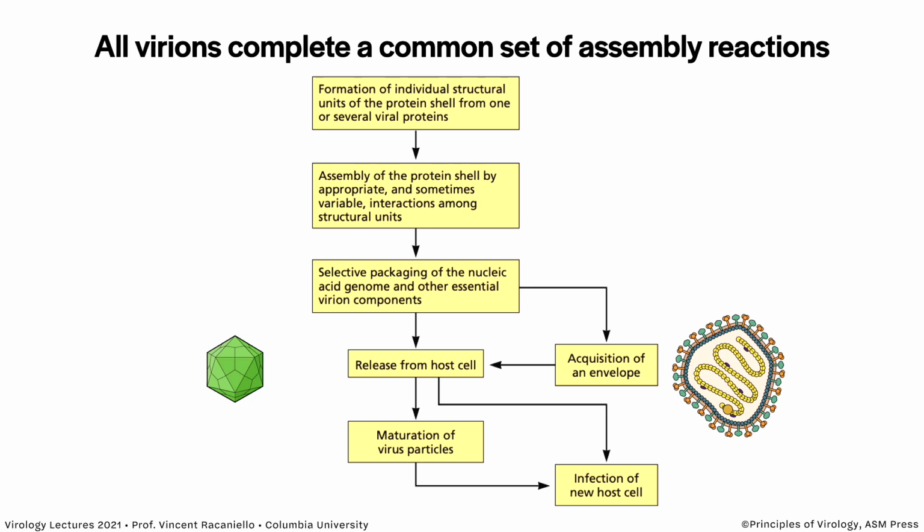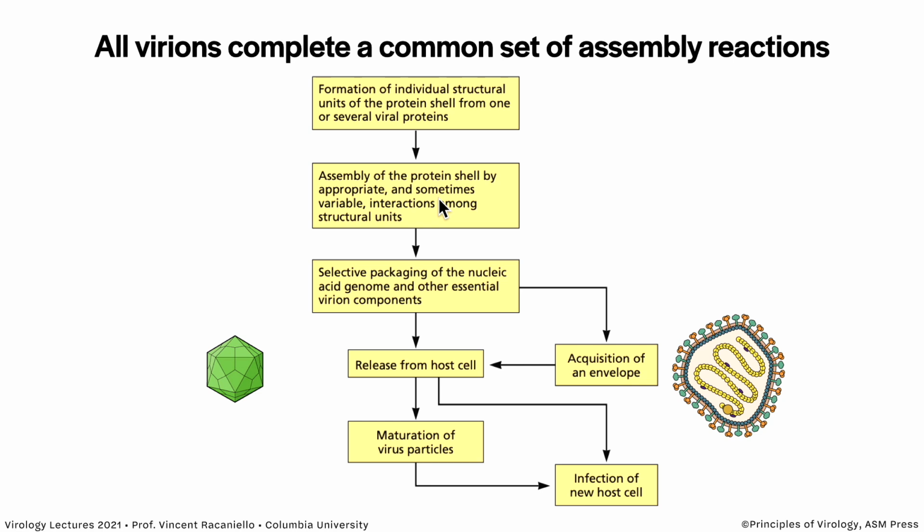All virus particles have to go through a common set of assembly reactions, and they're outlined here. For example, first we make the protein subunits, right? And then we make the structural unit from them, from one or several viral proteins. We can make a protein shell.